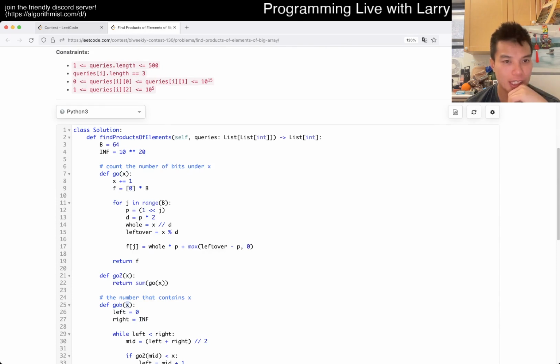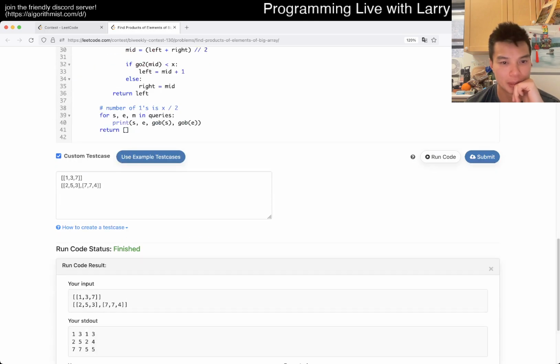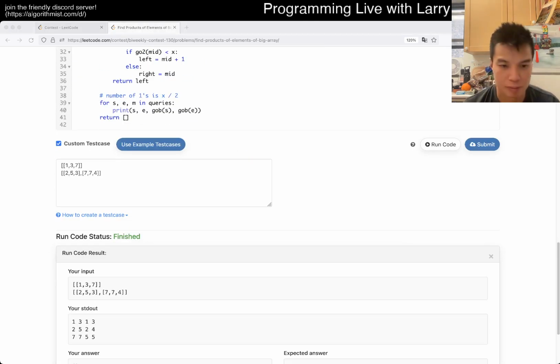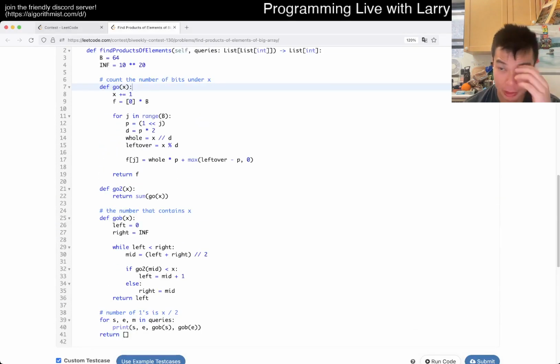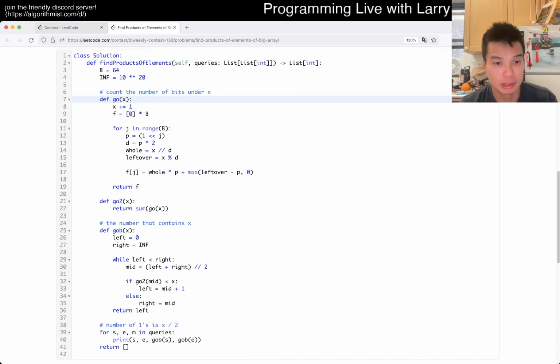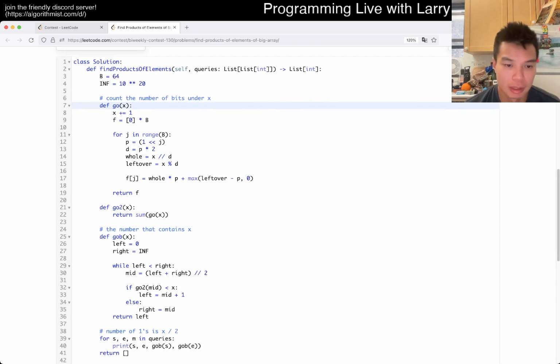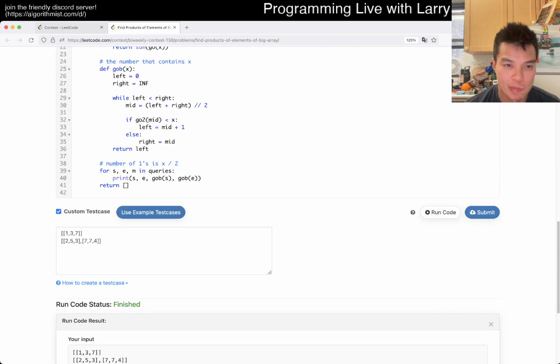I wonder if I should cache this. I don't even know if that helps, but okay, focus. You could do this. It's not that bad. Okay.